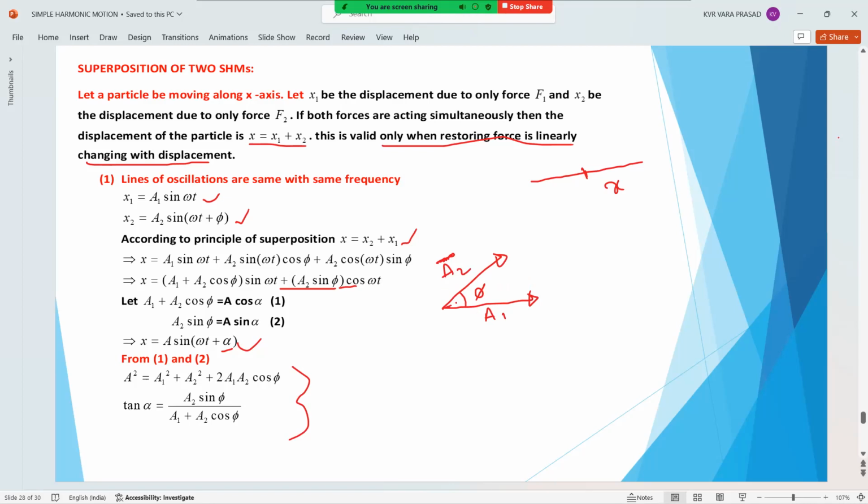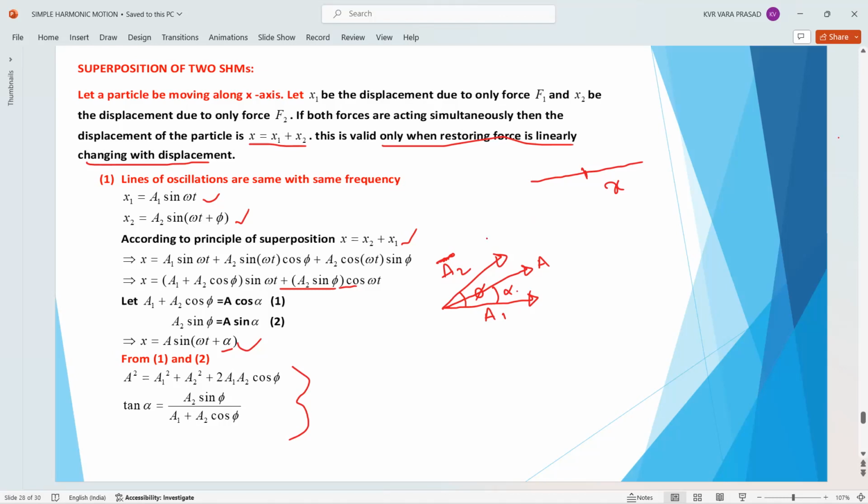Then the resultant of those two motions has amplitude A, and that makes angle alpha with A1, given by tan alpha equal to A2 sin phi by A1 plus A2 cos phi. So this is about case 1.